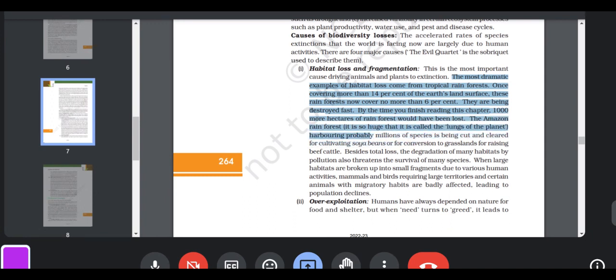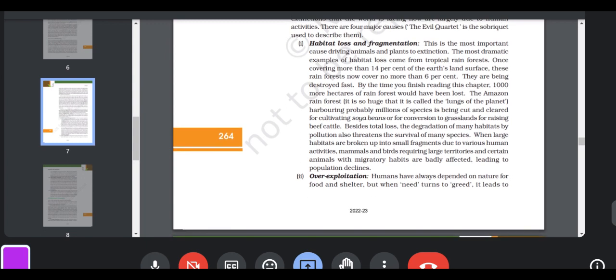The Amazon rainforest is so huge that it is called the lungs of the planet, harboring probably millions of species. It is being cut and cleared for cultivating soybean or for conversion to grassland for raising beef cattle. Besides total loss, degradation of many habitats through pollution also threatens the survival of many species.